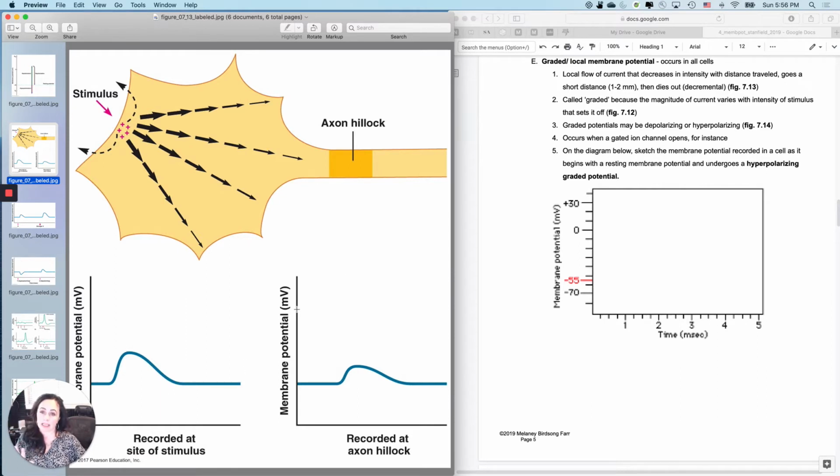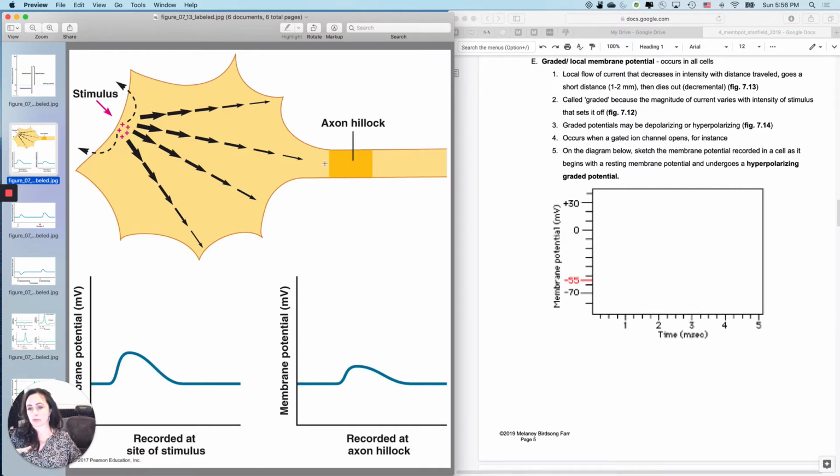But if I measured it over here, because it decreases in intensity, it wouldn't be as massive a change. So it's a local flow of current that decreases in intensity with the distance traveled. It will go a short distance and then it will die out.